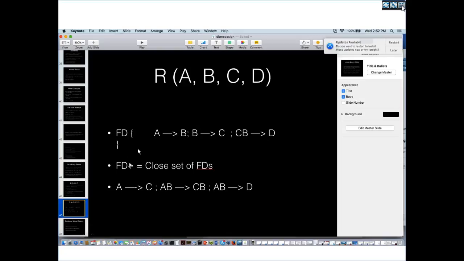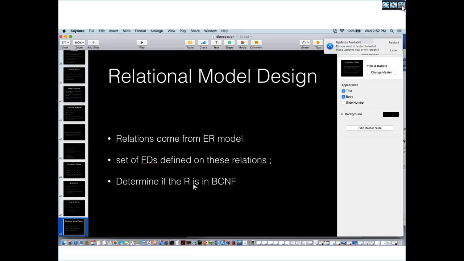So in some sense, the canonical form of the FD is a complete FD plus. All the other FDs that can be derived from this set of FDs is what we mean by the FD plus.